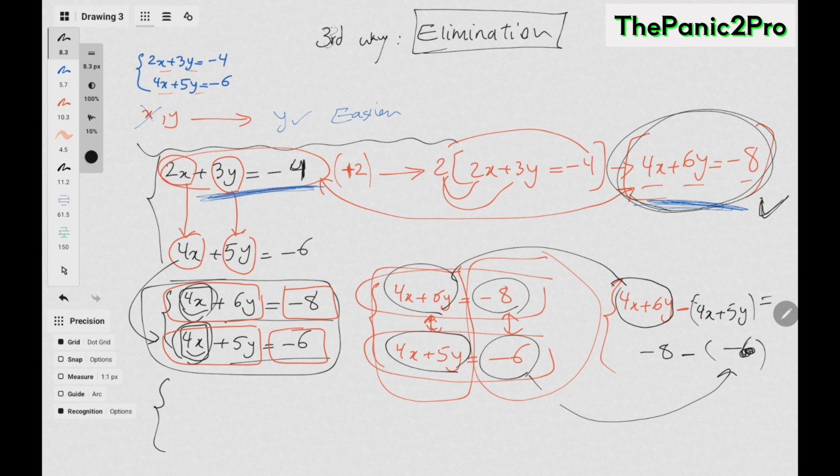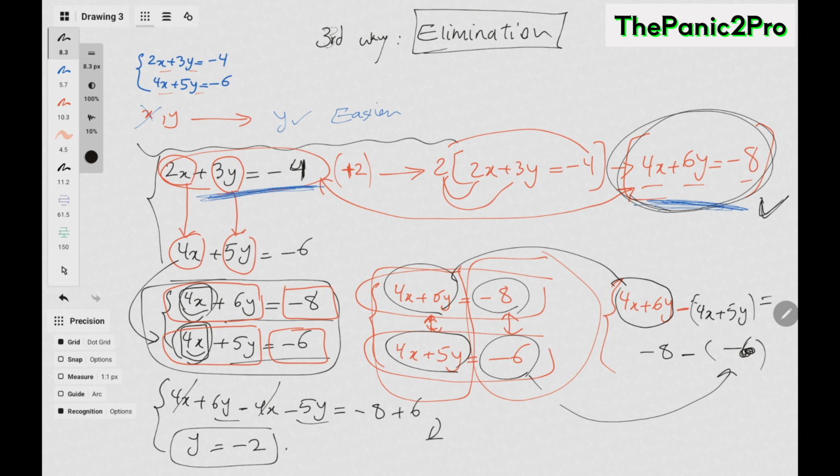Rewrite that. 4x plus 6y minus 4x minus 5y equals minus 8 plus 6. Rewrite that. This cancels this. This is going to be y equals minus 2.